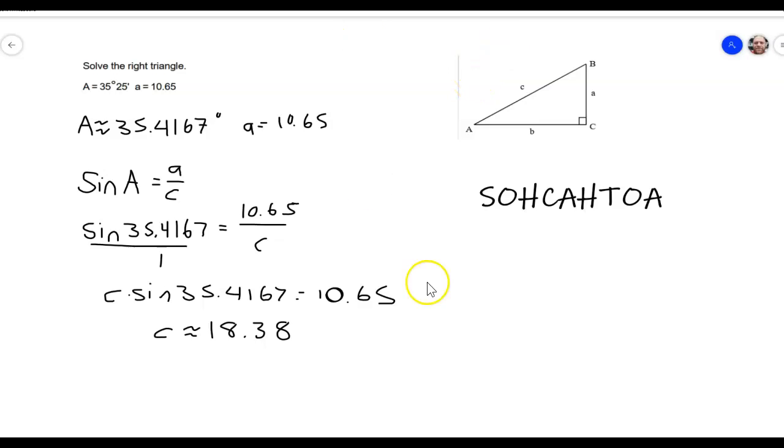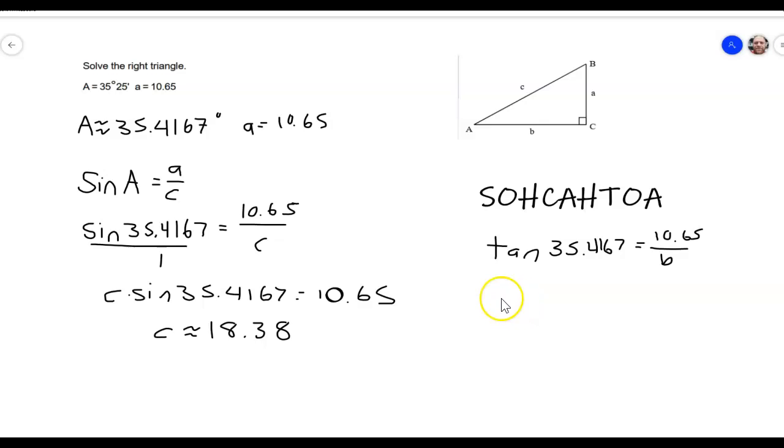Now, in order to get my side B, I'm going to do the same thing, except this time I'm going to use the tangent. The tangent of A, which is 35.4167, is equal to the opposite side over the adjacent, so 10.65 over B, since B is the adjacent side.